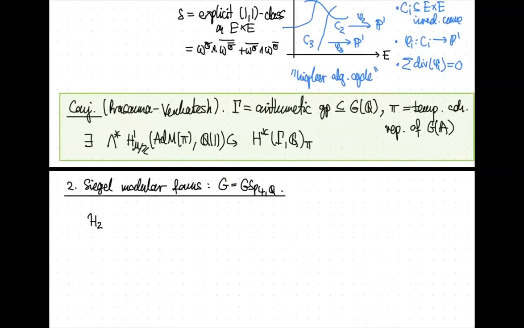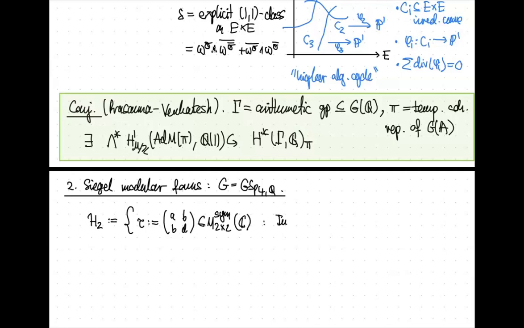Let me first tell you what Siegel modular forms are. Previously, we had hyperbolic 3-space as the analog of the upper half plane. Now we'll have another higher dimensional version of the upper half plane. This time it will be given by 2x2 complex matrices, but I'm going to make them symmetric. So symmetric 2x2 complex matrices.